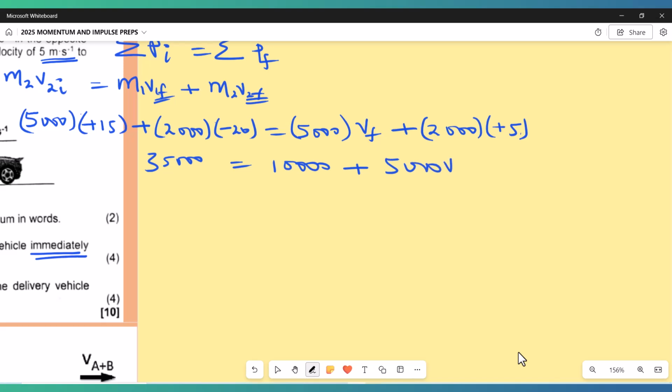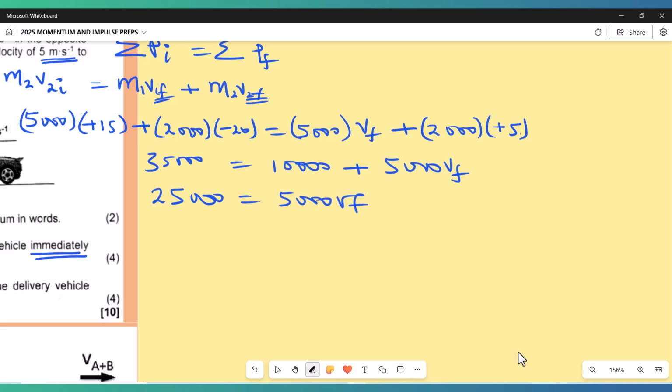Now 35,000 minus 10,000, what do we get? We get 25,000. So 25,000 equals 5,000 times V final.